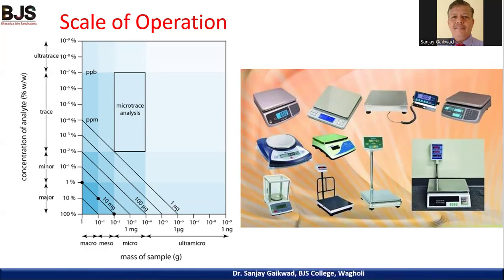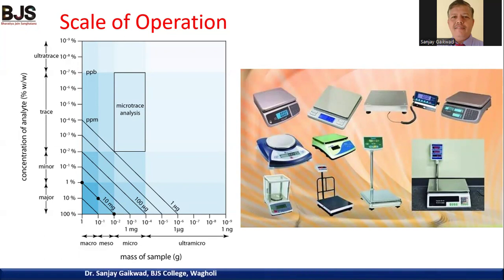Now, below 100 micrograms, if we are selecting the sample, then it is called ultra micro analysis. And for this we require a trace amount of sample. If we use a very trace amount, that is ultra trace, then in ultra micro analysis we can select samples up to below 1 microgram.